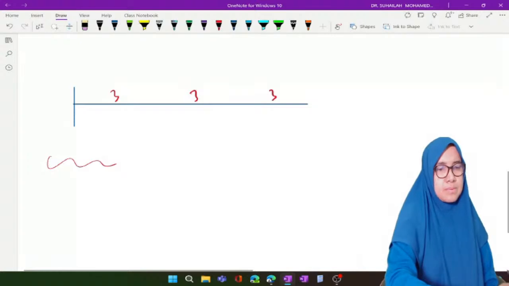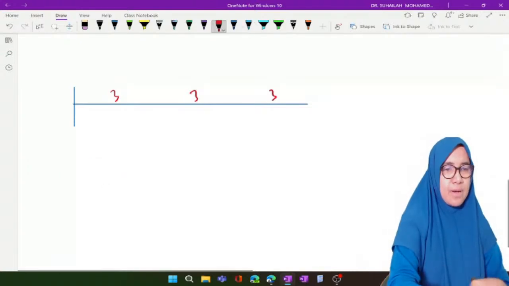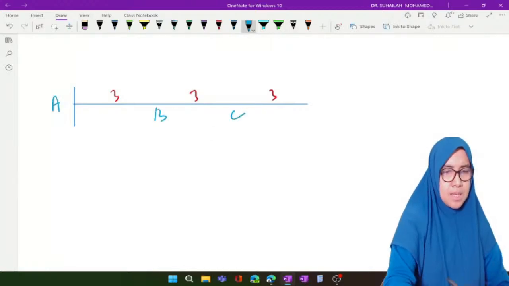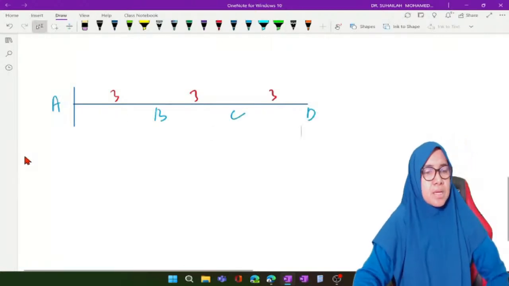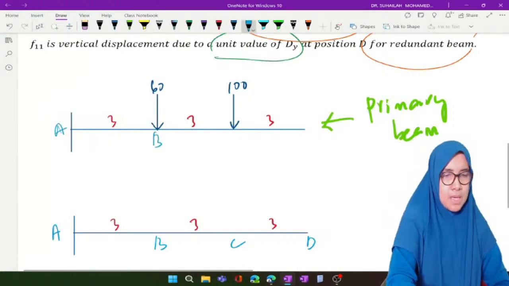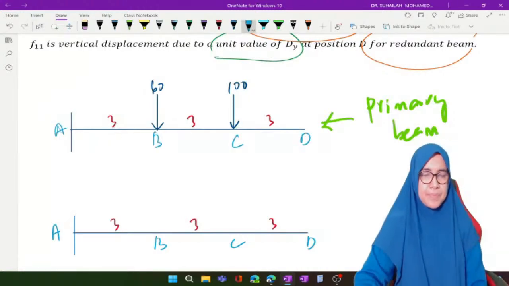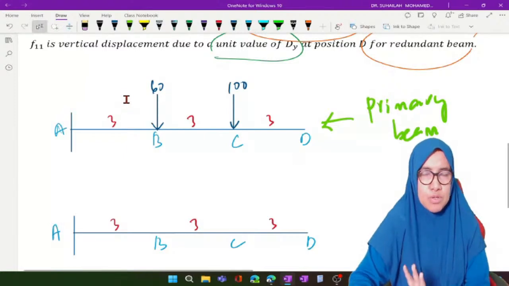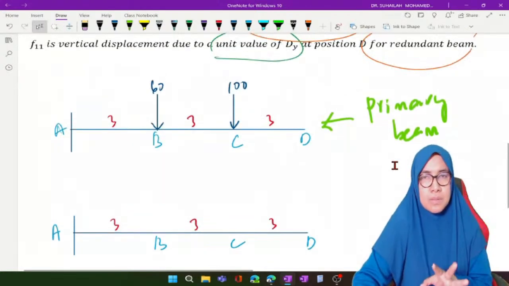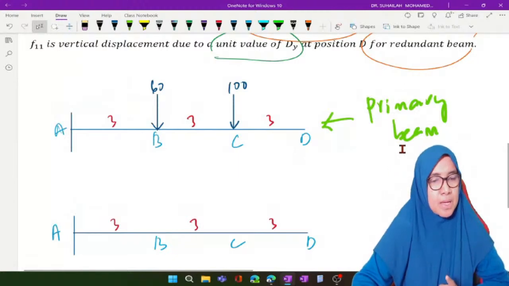Okay. So we have four positions, A, B, C, and D. And here also the same, A, B, C, and D. Both are determinate beams.